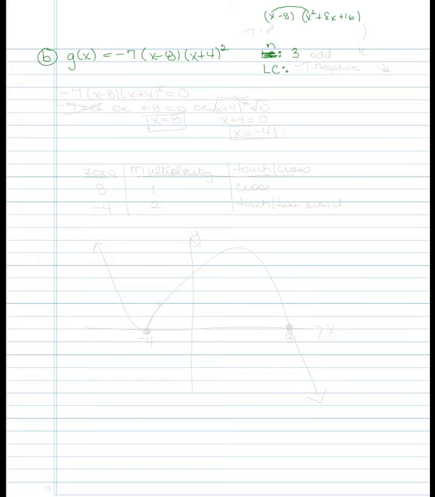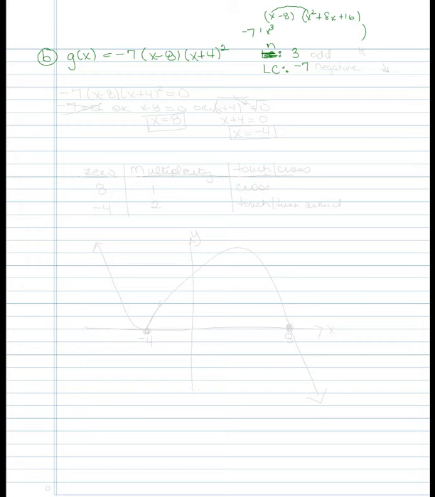That's going to be your highest power. Then you would multiply all of this by -7. When you multiply -7 by x cubed, and we already said that our degree is 3, then our leading coefficient is -7. Okay? All right.